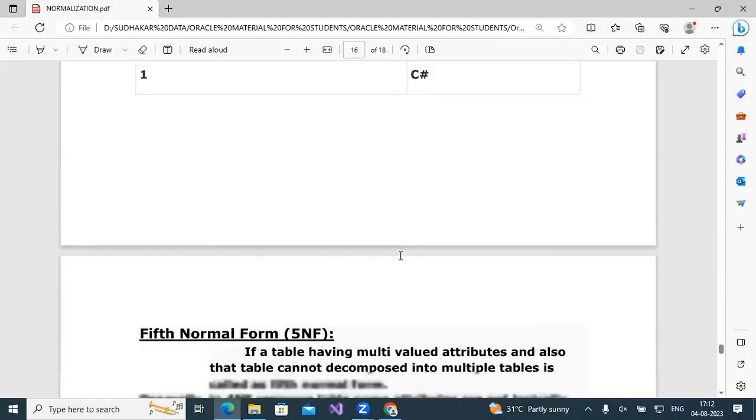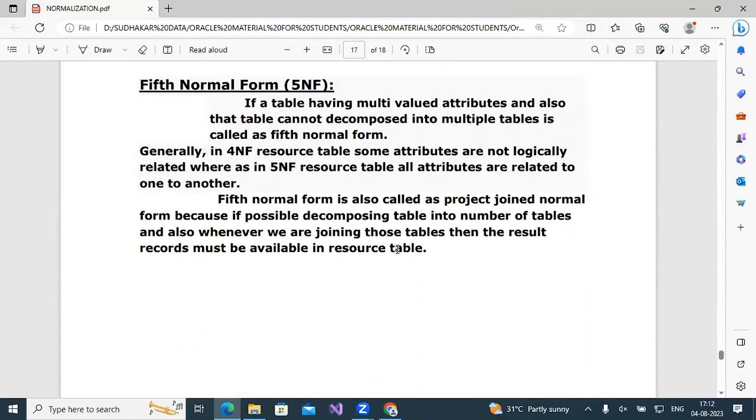But 5NF, what does it tell? Carefully observe. 5NF is quite the opposite of 4NF. It means if a table has multi-valued attributes and that table cannot be decomposed. Decompose means divide. It tells us: don't divide into multiple tables.